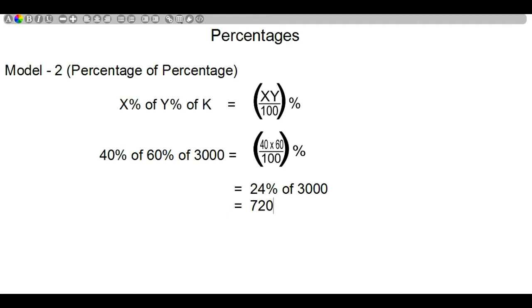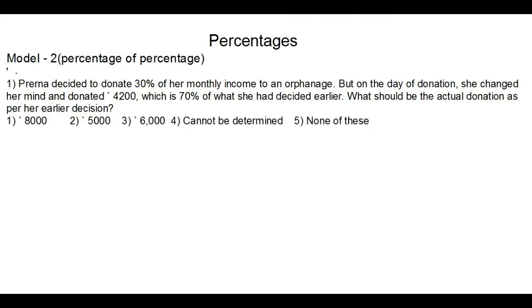Let us now take an example which is based on the concept of percentage that we have just discussed. The question here is, Prerna decided to donate 30% of her monthly income to an orphanage. But on the day of donation, she changed her mind and donated rupees 4,200, which is 70% of what she had earlier decided.